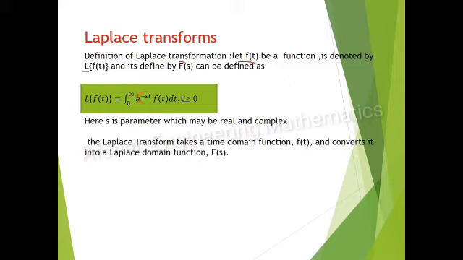Here s is a parameter which may be real or complex. So Laplace transformation takes a time domain function f of t and converts it into a Laplace domain function F dash s.